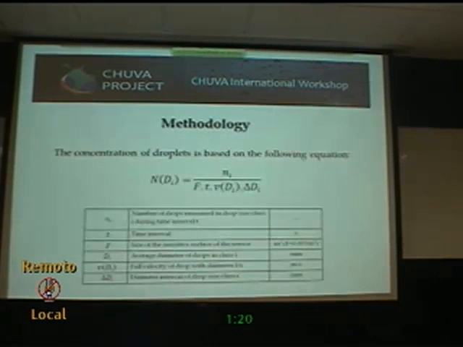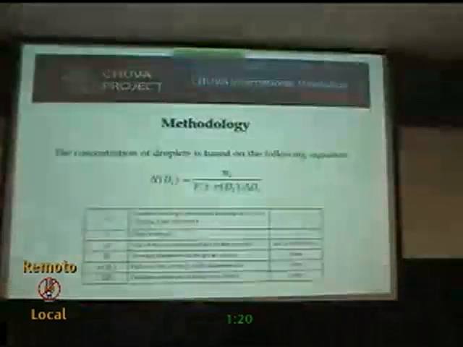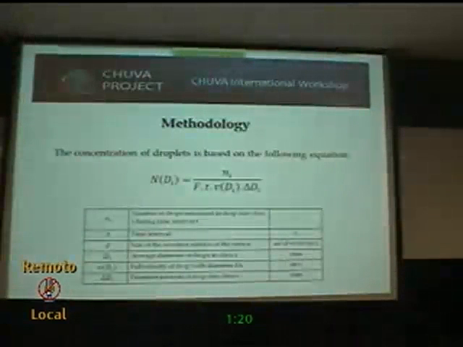The concentration of droplets is based on the flow equation, and depends on the number of droplets, the area of the sensor, time, fall velocity, and diameter interval.